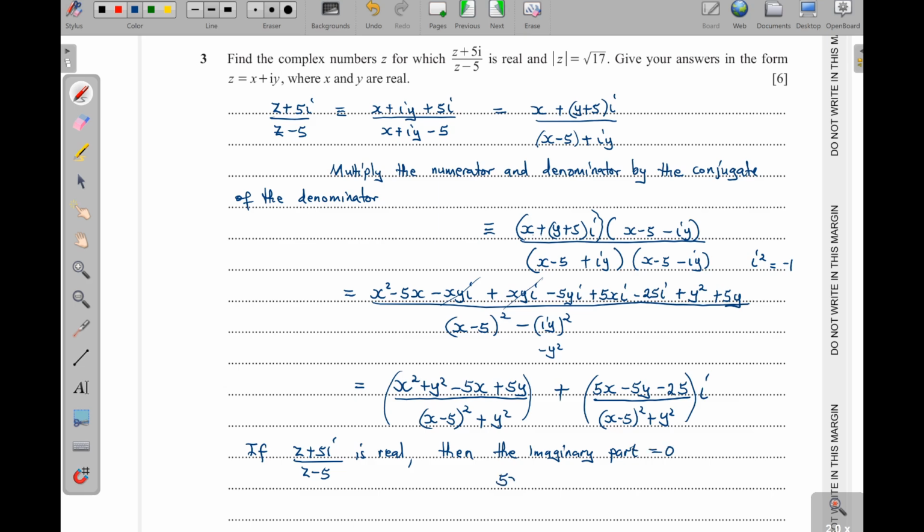So we have 5x minus 5y minus 25 out of x minus 5 squared plus y squared is equal to 0.